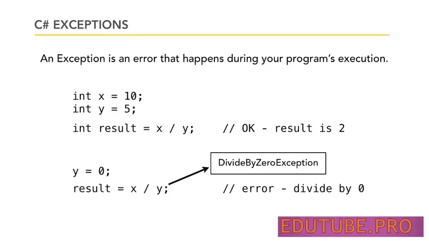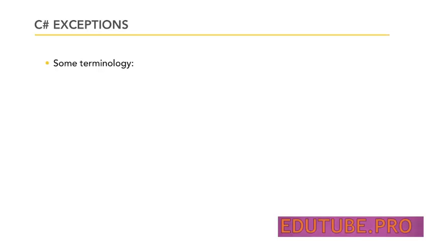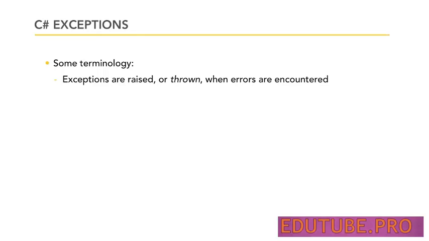And we'll learn about these terms a little bit later, but the point is that an exception, just generically speaking, is a problem in the code or somewhere in the system that you have to anticipate and handle. So before we go any further, let's learn about some exception terminology. Exceptions are raised, or using object-oriented nomenclature, they are thrown when an error is encountered.